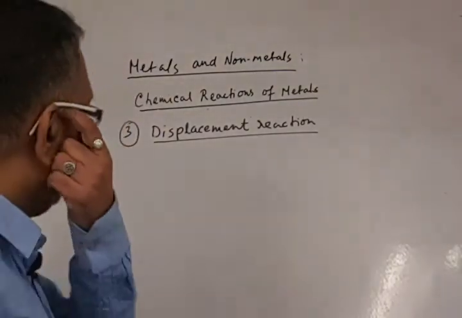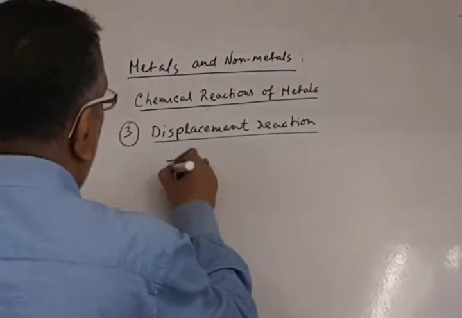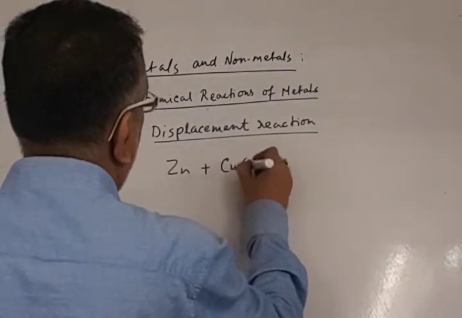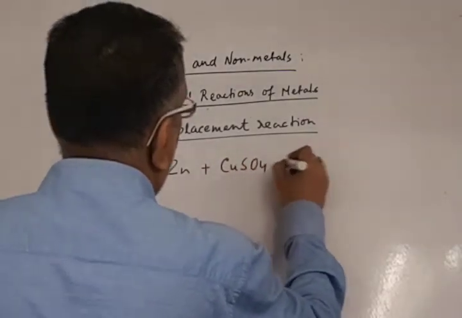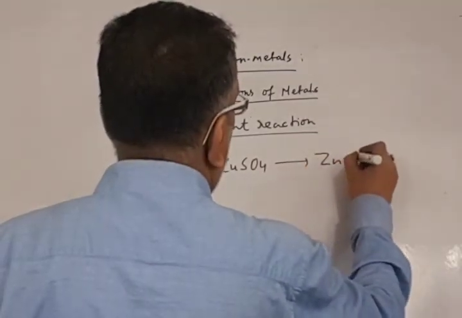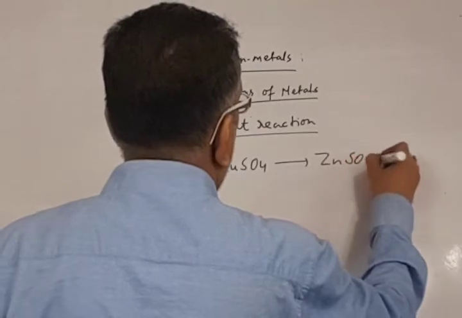It is found that when a zinc rod is placed inside a copper sulfate solution, this gives us zinc sulfate plus copper.